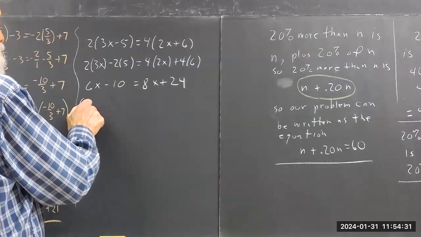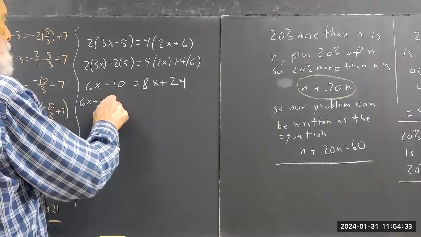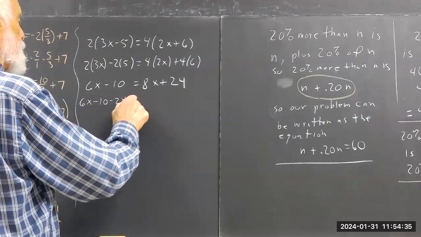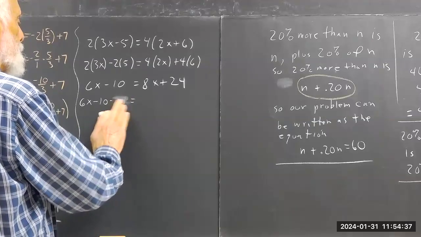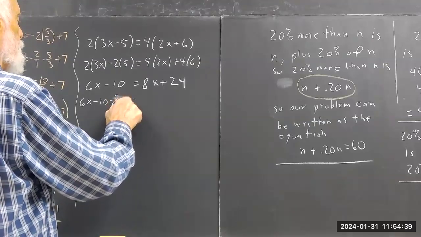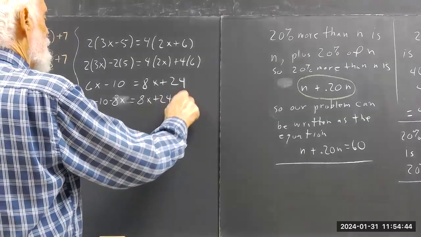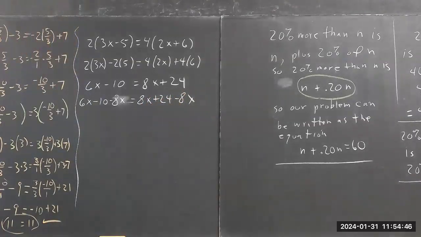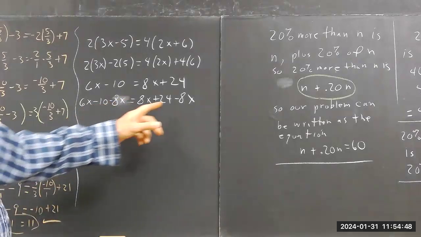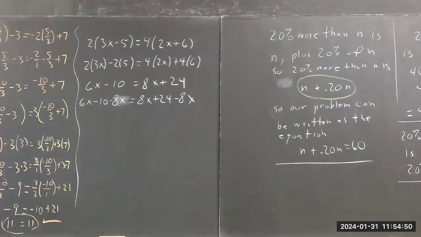I'm going to do 6x minus 10 minus 8x. I'll move the x's over here. Equals 8x plus 24 minus 8x. Okay. I subtract the x's from both sides.